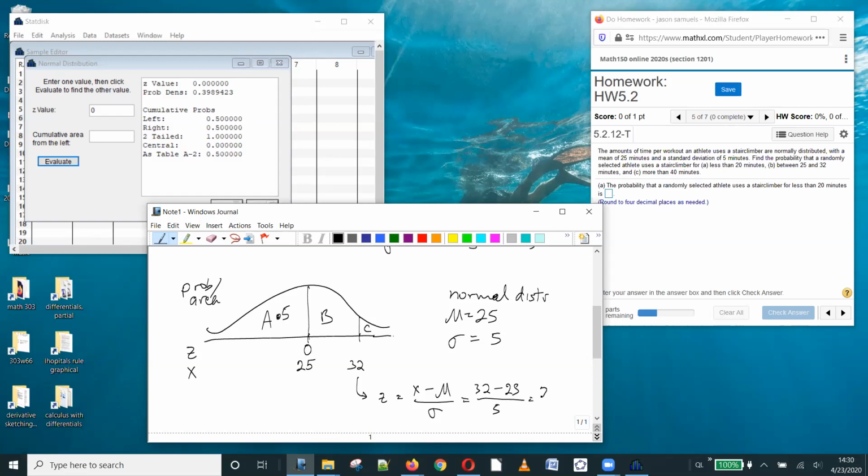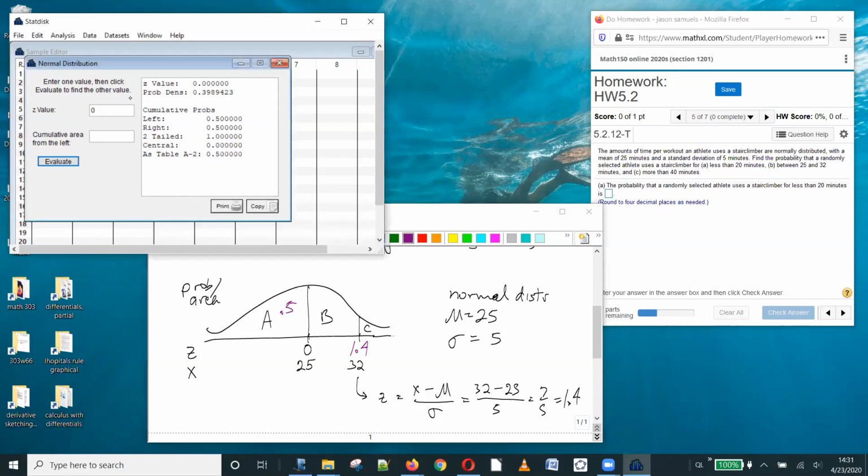So that gives you 7 over 5, which is 1.4. So we've now figured out that this z value is 1.4.